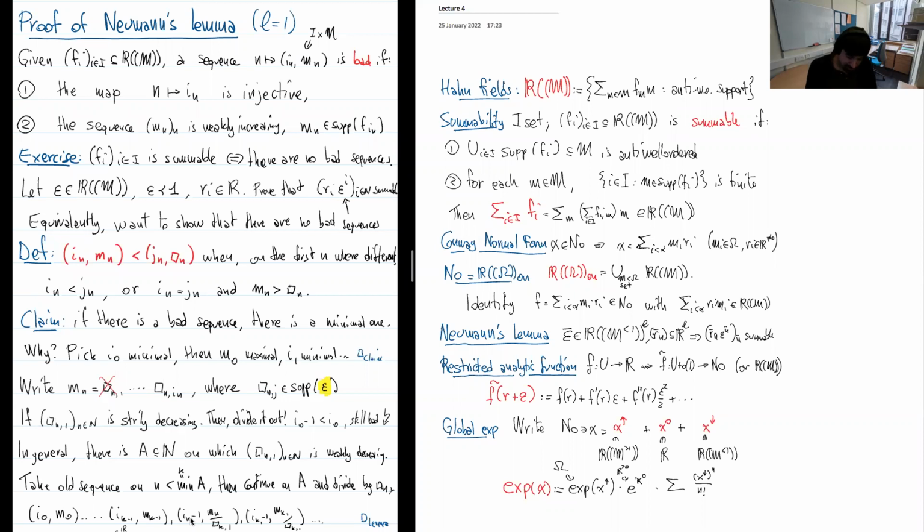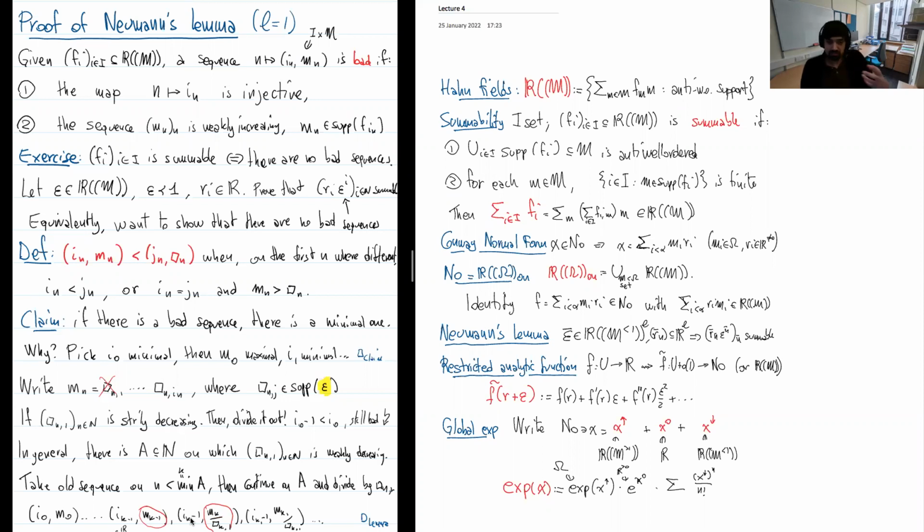This is important because I need to know that I started with m k minus 1 smaller than or equal to m k. And since I'm dividing by something smaller than 1, this gets bigger, so it remains bigger than m k minus 1.